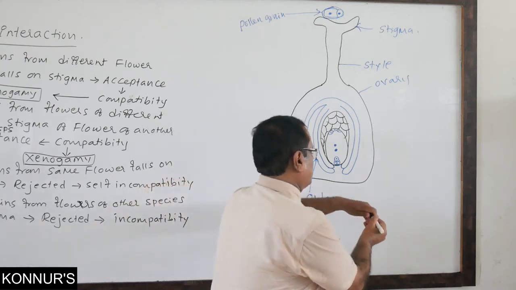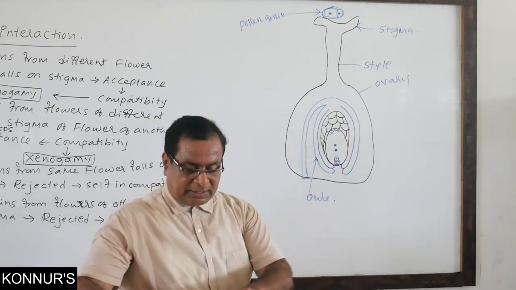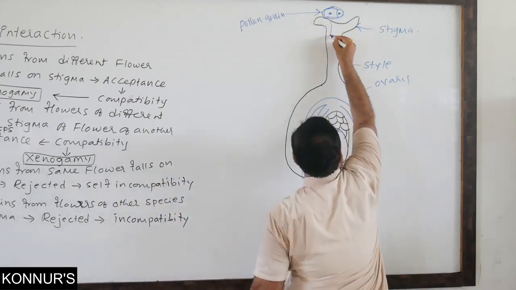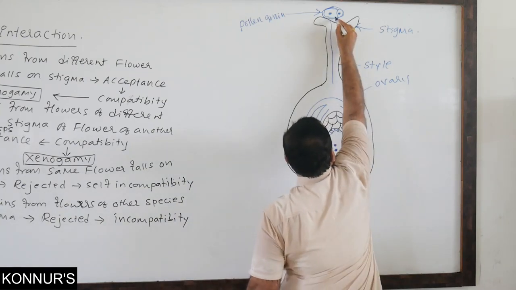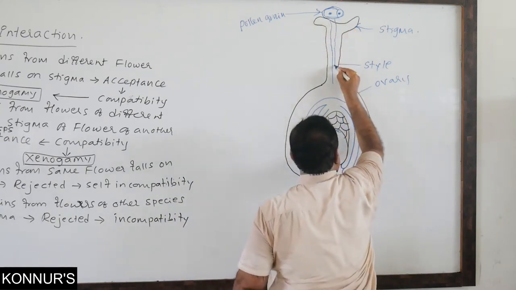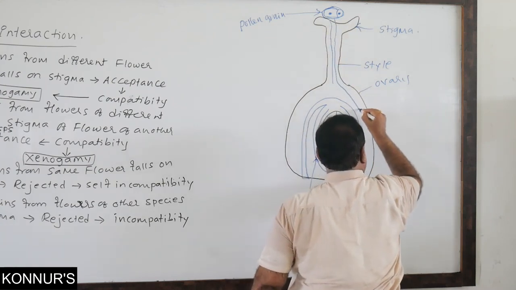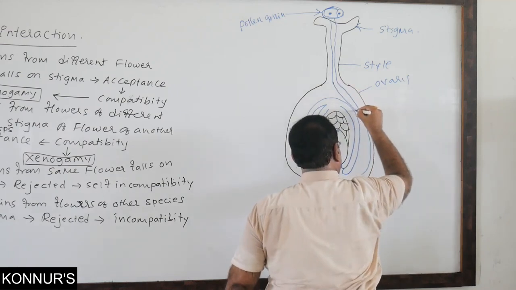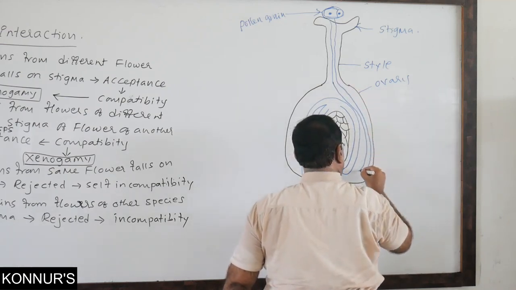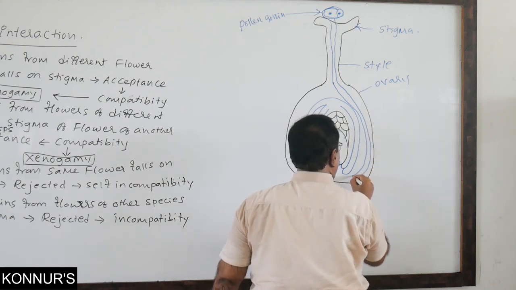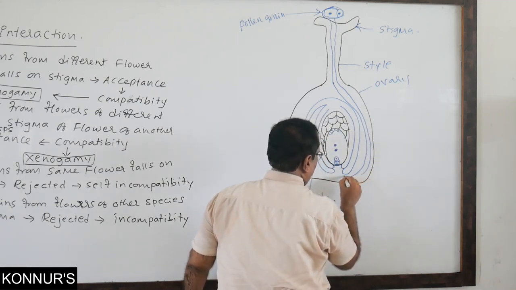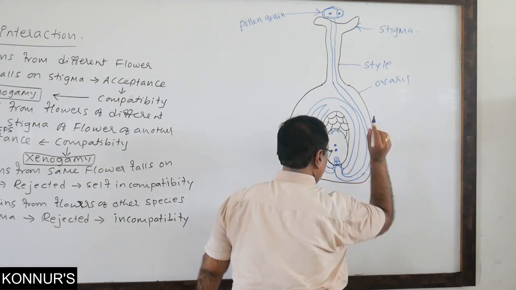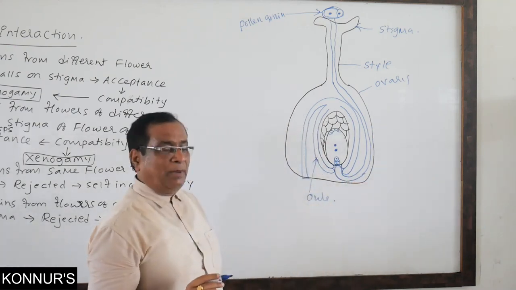and that pollen tube pierces through the stigma and passes through the style and enters into the ovary and it enters into the ovule through the micropyle.